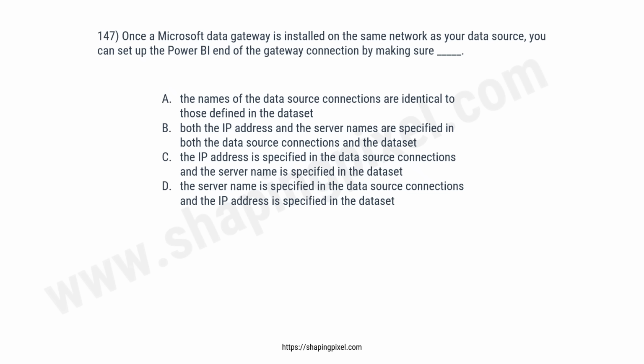Option C, the IP address is specified in the data source connections and the server name is specified in the dataset. Option D, the server name is specified in the data source connections and the IP address is specified in the dataset. So the right answer here is option A, the names of the data source connections are identical to those defined in the dataset.